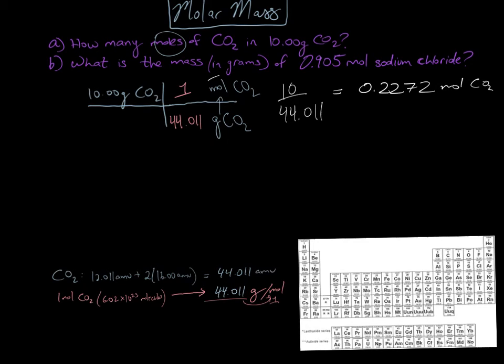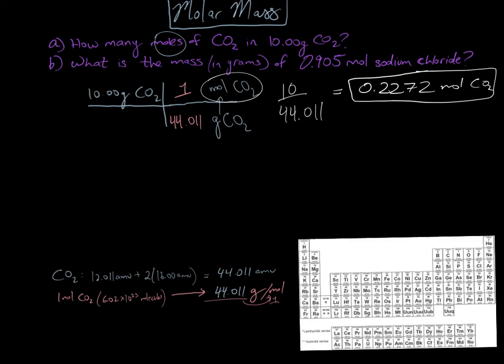The units are moles because that was my last unit in the dimensional analysis. So how many moles of CO2 in 10 grams of CO2? 0.2272 moles. So 10 grams of CO2 make up 0.2272 moles of CO2.